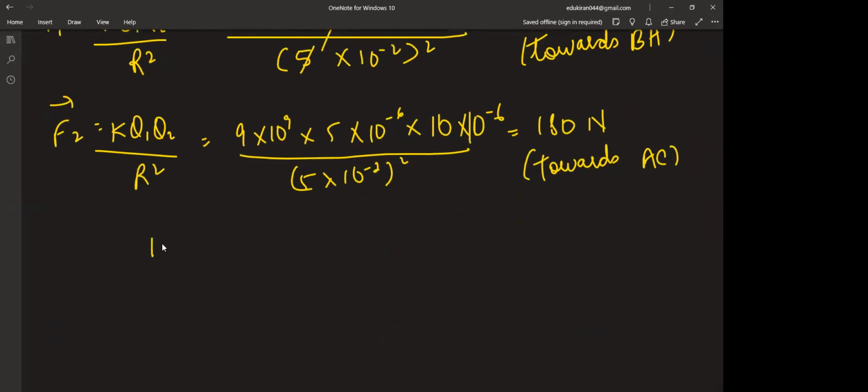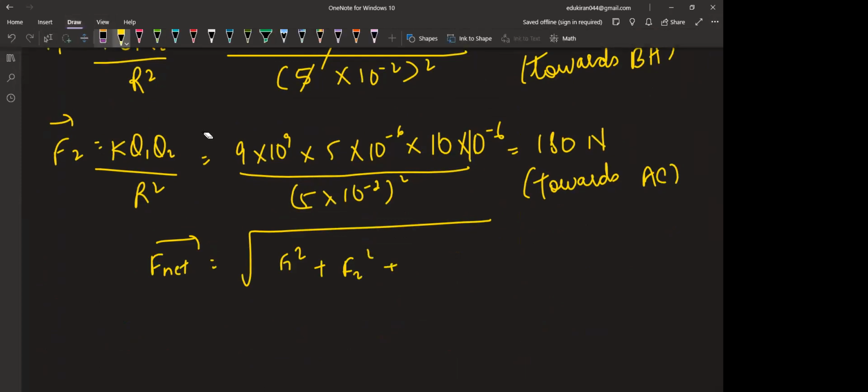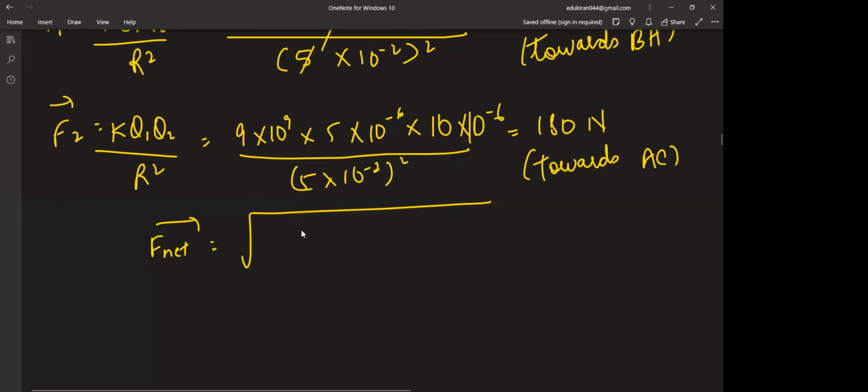So parallelogram law, F net equals root of F1 square plus F2 square, or actually both the values are same. Let's just write them as F. Why write F1, F2 when both the values are same? F square plus F square plus 2F into F into cos 120 degree.